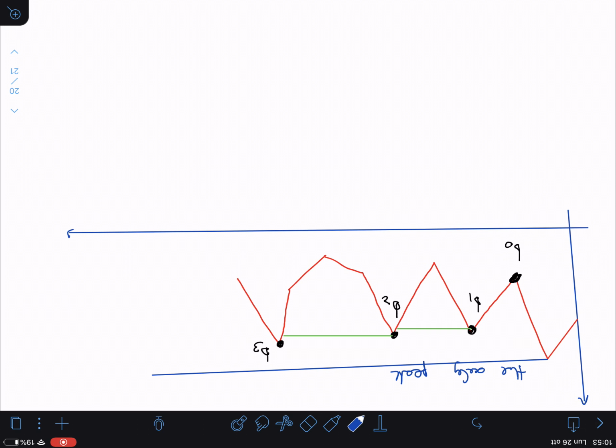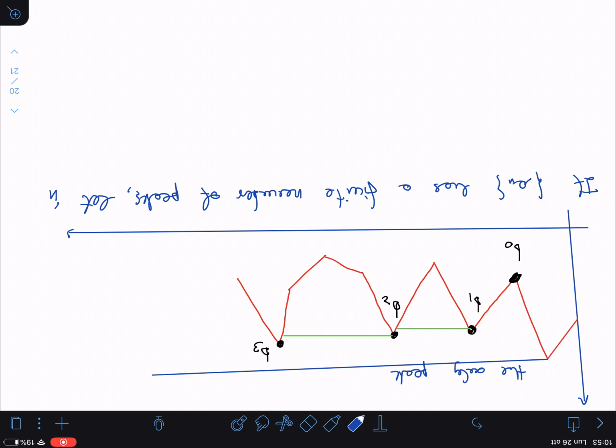If a_n has finitely many peaks, so if a_n has a finite number of peaks, let n tilde be the index of the last peak, a_n tilde.